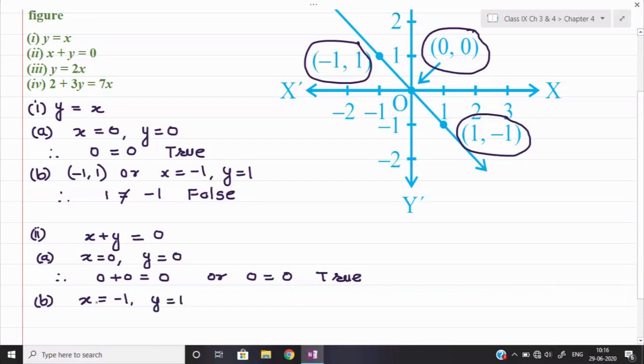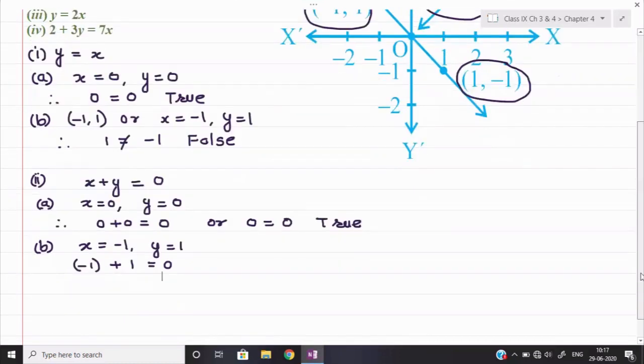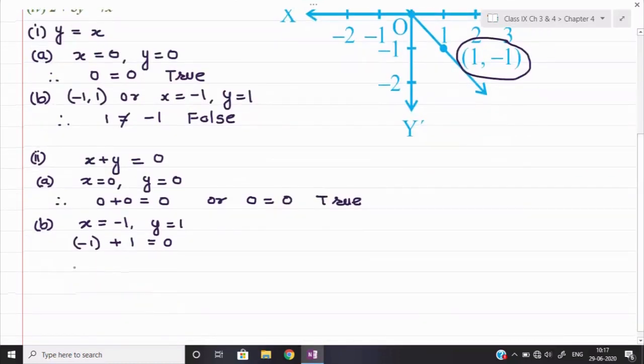If I put it in this equation x plus y is equal to 0: -1 in the bracket, +1 is equal to 0. Now minus 1 and plus 1, if you add, what do you get? Definitely you will get 0 only. So minus 1 and plus 1 got cancelled. You got 0 is equal to 0. So yes, it is also coming true.